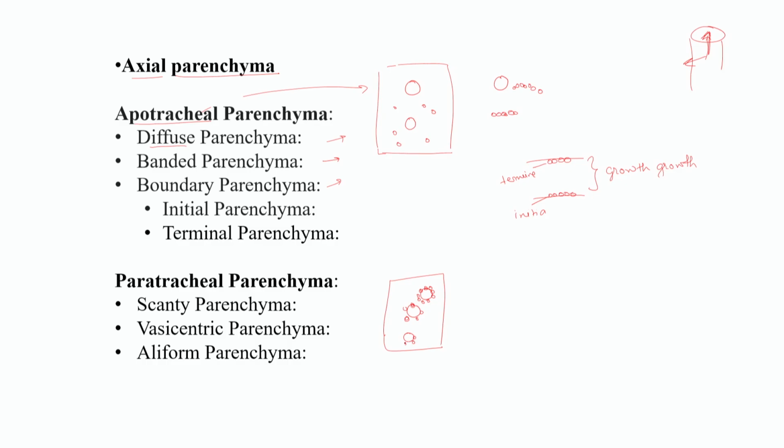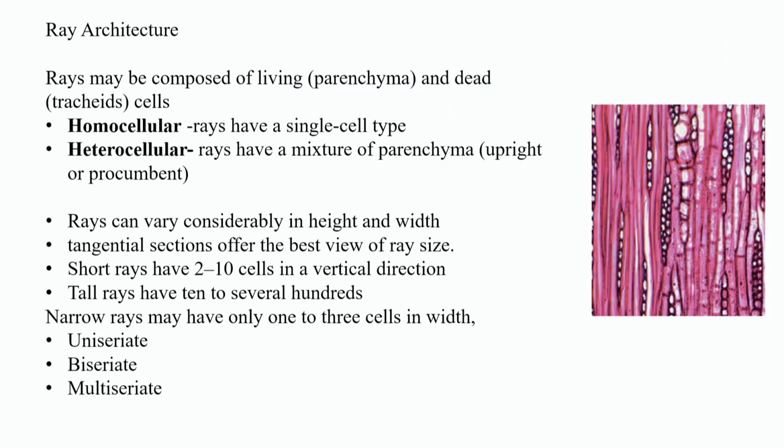They are attached with the vessels, but they also extend to form wing-like structures. So, this is aliform. In this way we can classify axial parenchyma.